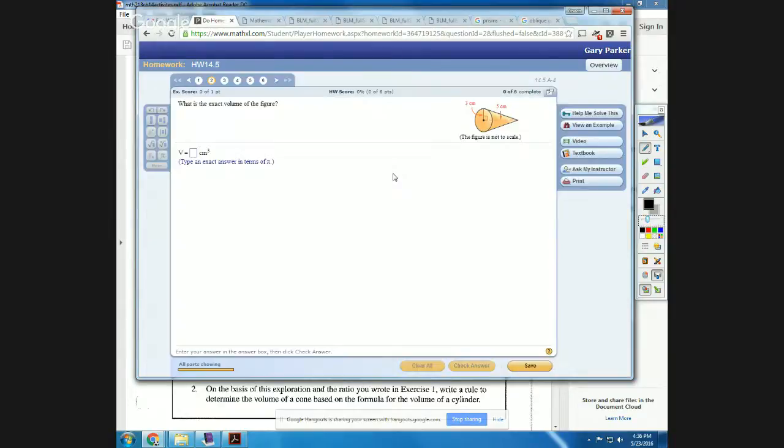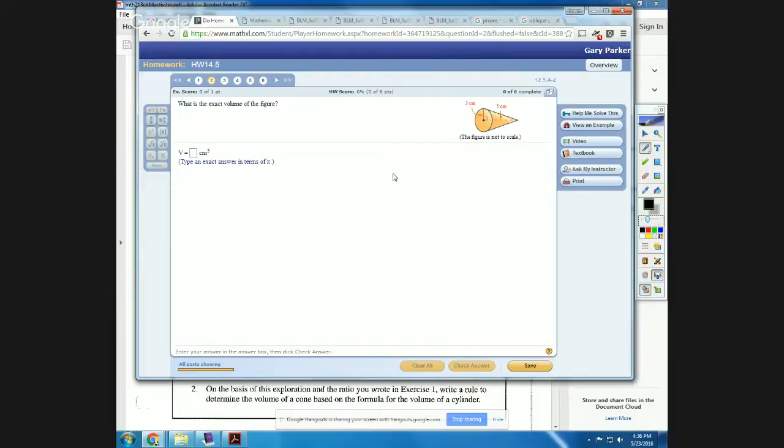Some of the problems I assigned, Debbie, if you compare to the book for 14.5, would be like number 4 in assessment 14.5A. There is one formula I have neglected to go over so far.